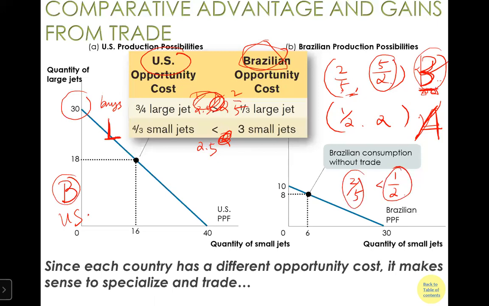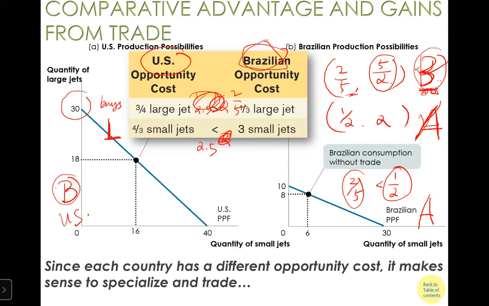So B certainly benefits the US more than A. Alternatively, price A will benefit Brazil more than the US.